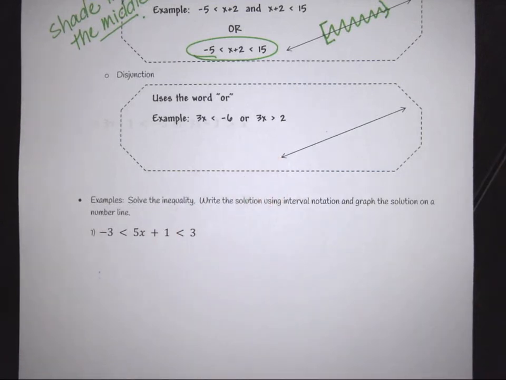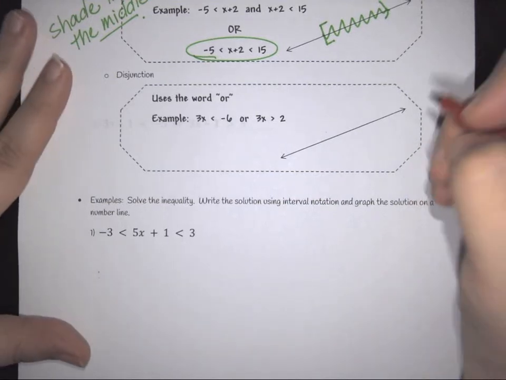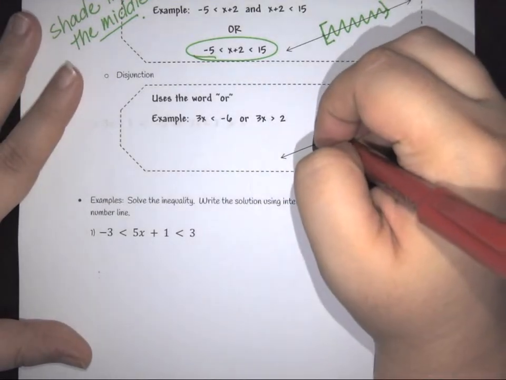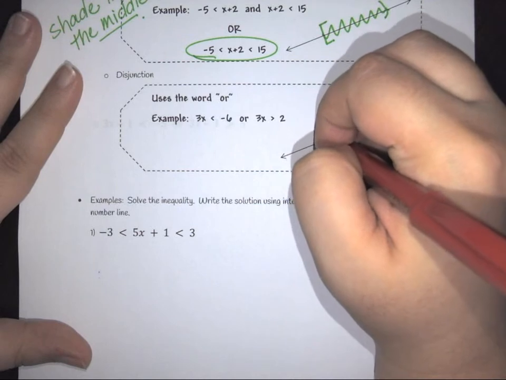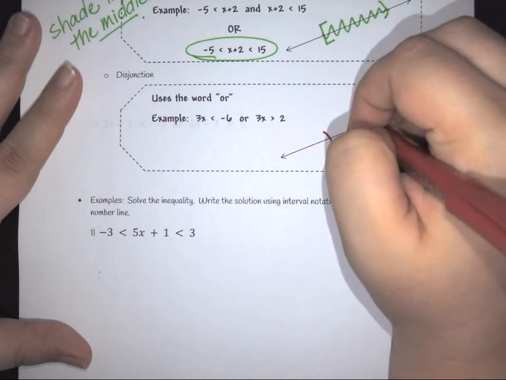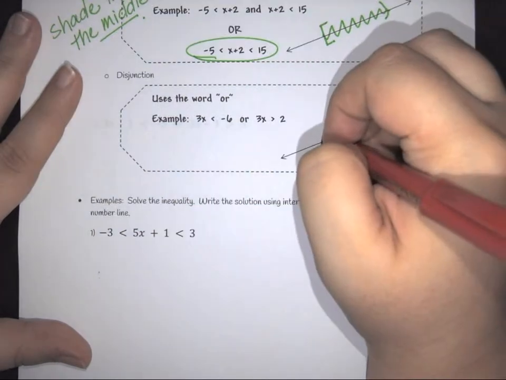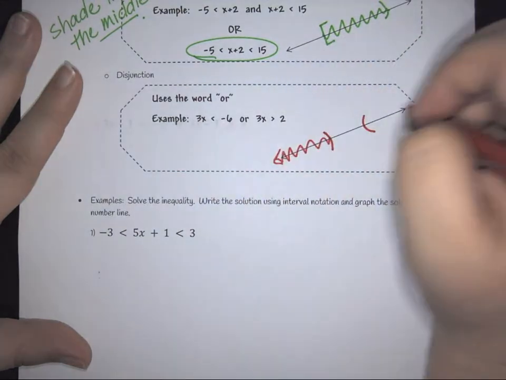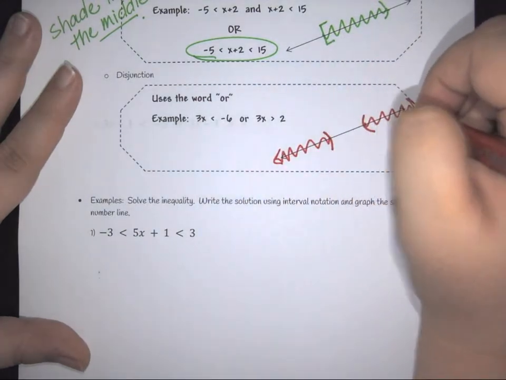Now notice these inequalities face in opposite directions. And so you have one side here and one side here, and we are shading in the opposite directions.